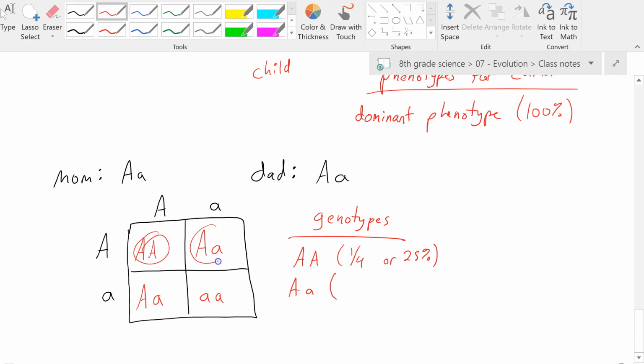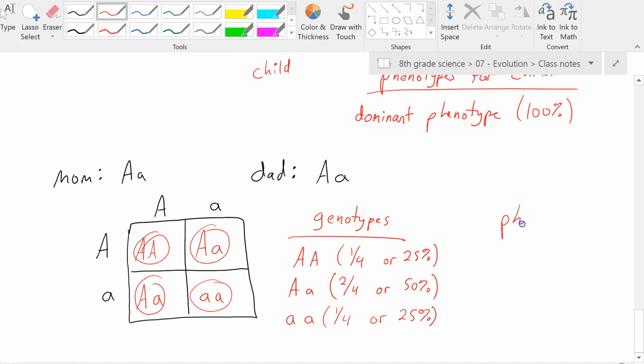And that showed up here and here. That's 2 out of 4 times, or 50%. And then the last one that shows up in that table is little a, little a. That's right here. That also happened 1 out of 4 times, or 25%.